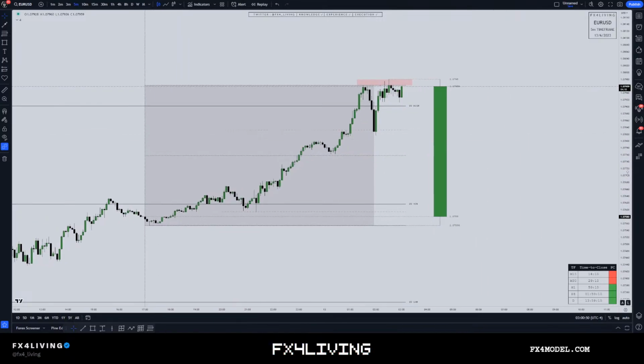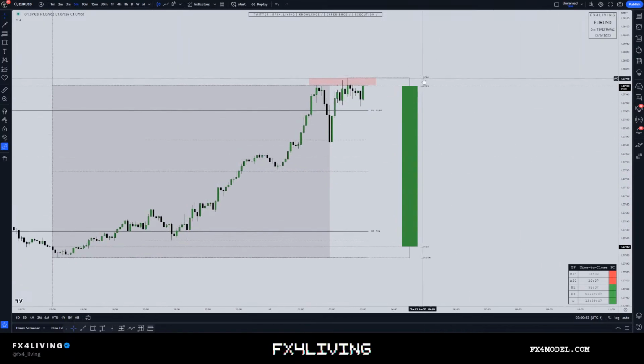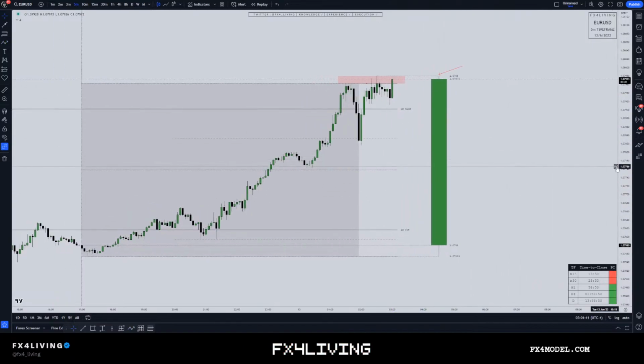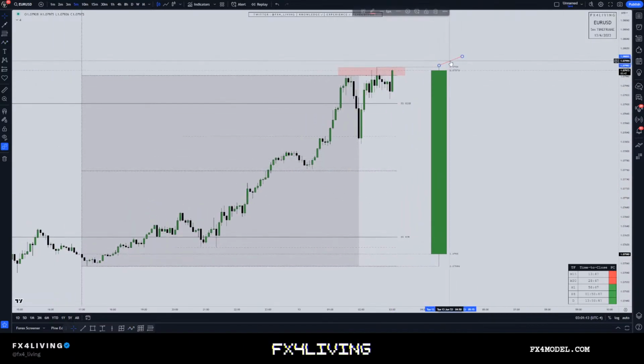If this is protected here, in a lower time frame you start having some sort of structure like that, so that means this is protected, and I can take a short in some ways.